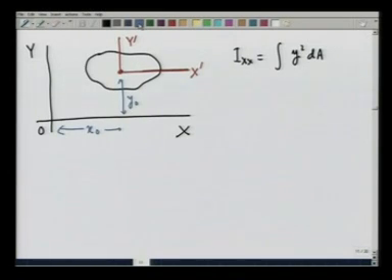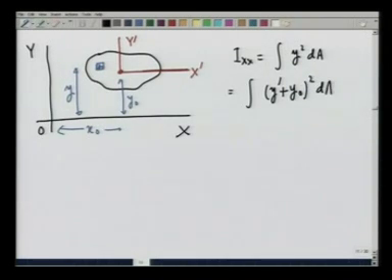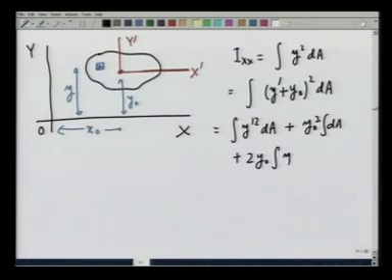So, suppose I have a small area dA here, this is y, which is equal to y prime, where y prime is the y coordinate of the same area with respect to the x prime and y prime axes, plus y0, squared dA, and this is equal to integral y prime squared dA plus y0 squared integral dA plus 2 y0 integral y prime dA.